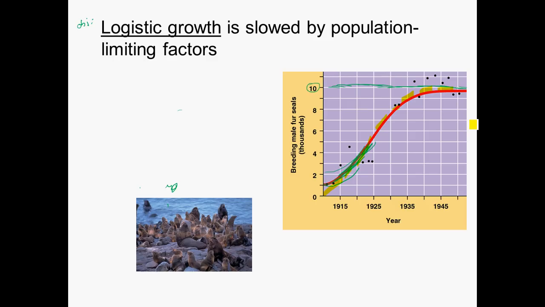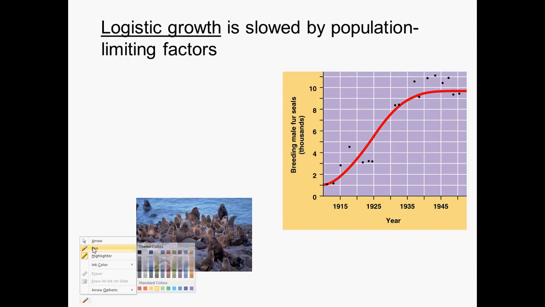Now this is a mathematical model. In reality, most populations do something like this. They will increase over time exponentially, especially if there is a known limiting population amount.